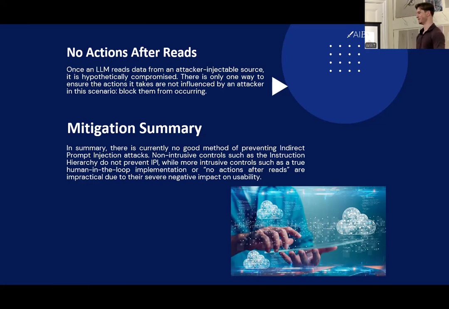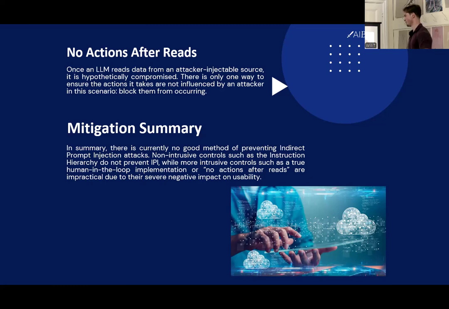People want these LLMs to be able to surf the web, perform actions, but any model which doesn't allow you to perform actions after reading in data is simply not going to perform as well or be used as much as the more insecure tools which allow the cool functionality, unfortunately.